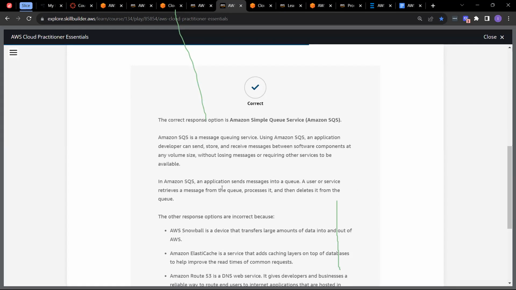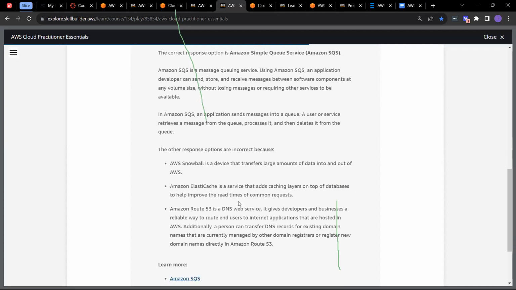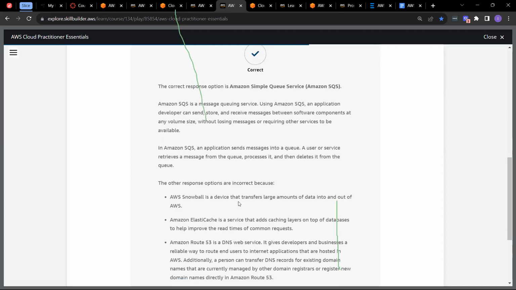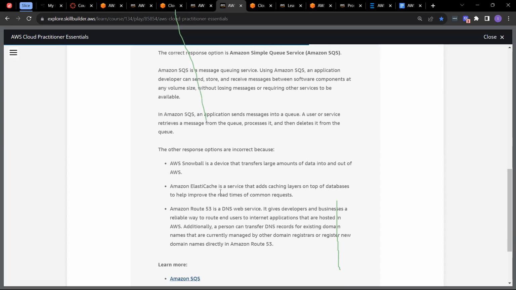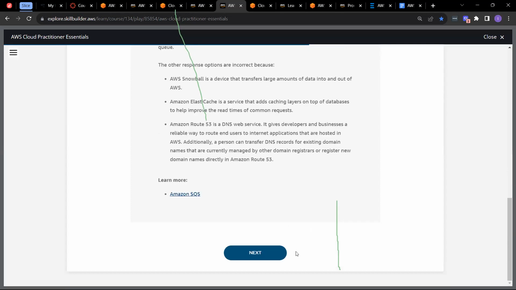A user or a service retrieves a message from the queue, processes it, and then deletes it from the queue. Elastic Cache is a service that adds caching layers on top of a database to help improve the read times of common requests.